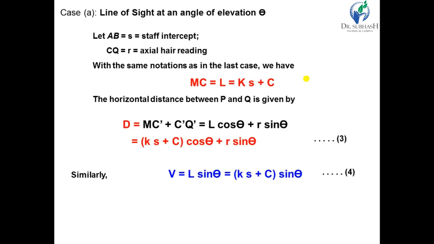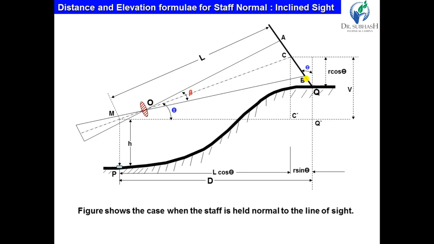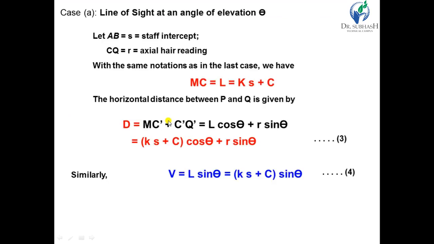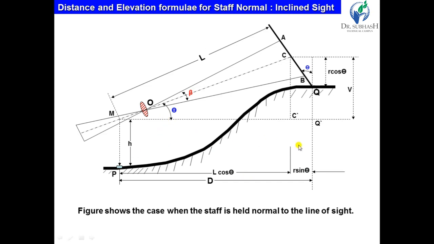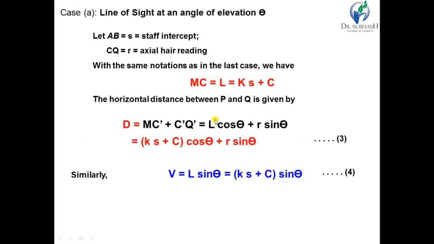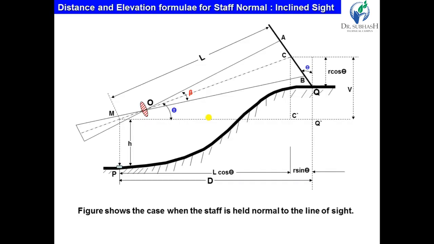With the same notation as in the last case, we have MC is equal to Ks plus C. Right? The value of M to C, or L, is equal to Ks plus C. The horizontal distance between P and Q is given by MC dash plus C dash Q dash.